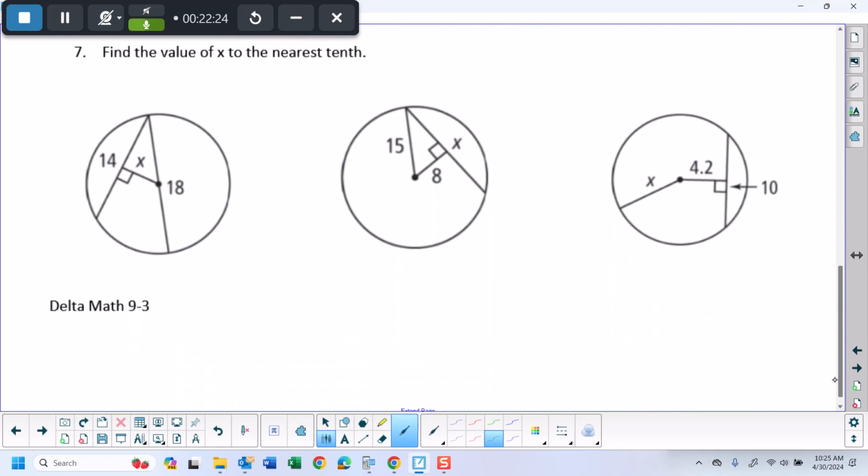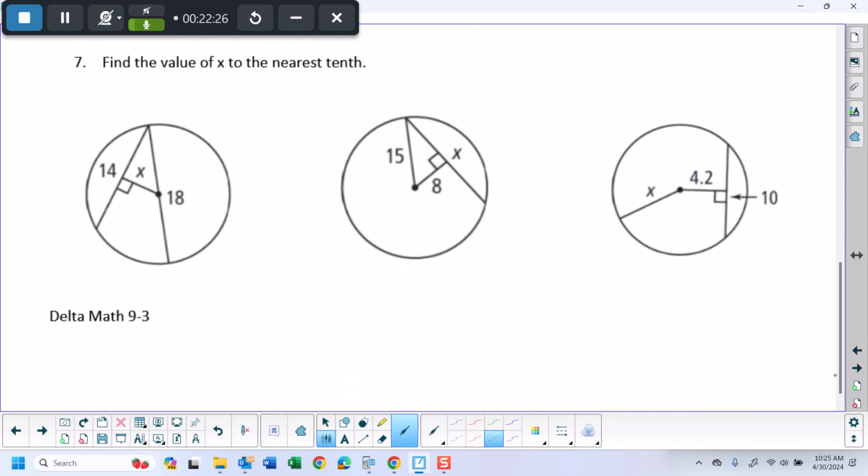Find the value of x to the nearest tenth. All right, so this can be a piece of a diameter and it's perpendicular, so that means that this is 7 and this is 7, because this is a diameter, this is 9 and this is 9.